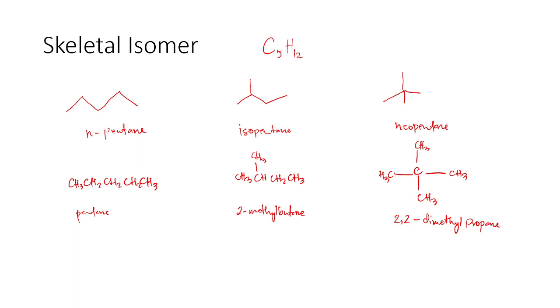So those are our skeletal isomers. As you may see here, all of them have a molecular formula of C5H12, but they differ on how the carbon atoms are attached to each other. Okay. So those are our three structural or constitutional isomers.